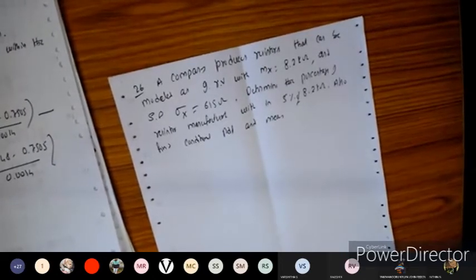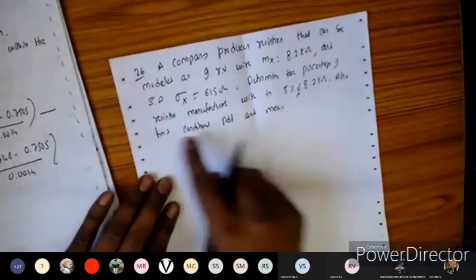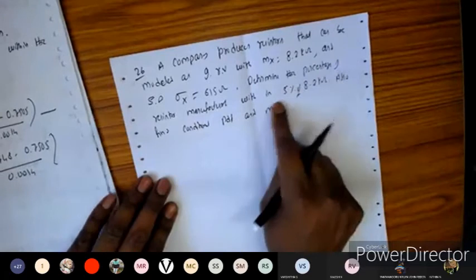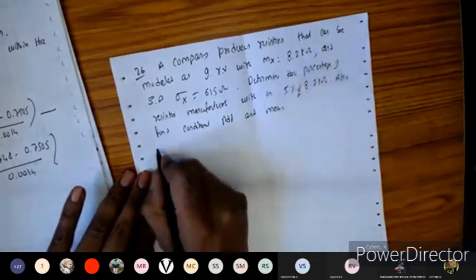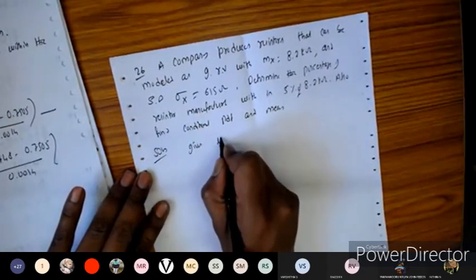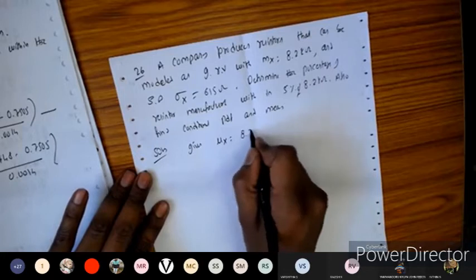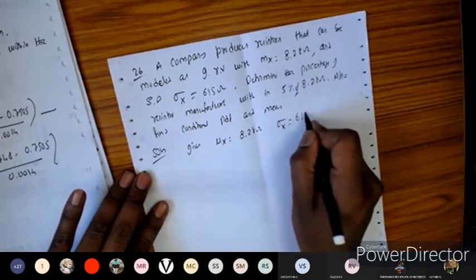So they ask us to determine the percentage of resistors manufactured within 5% of 8.2 kilo ohm. They gave the mean of the Gaussian random variable as 8.2 kilo ohm, and the standard deviation sigma x is equal to 615 ohm.